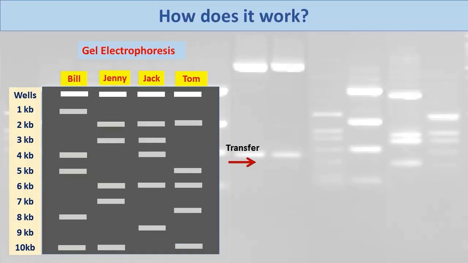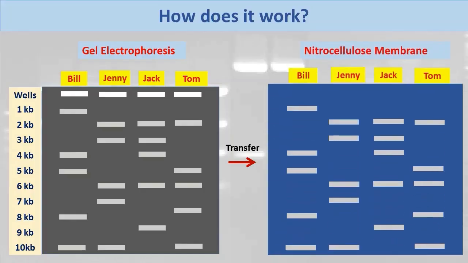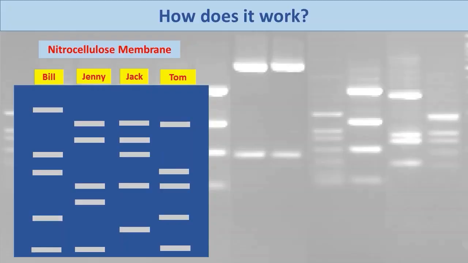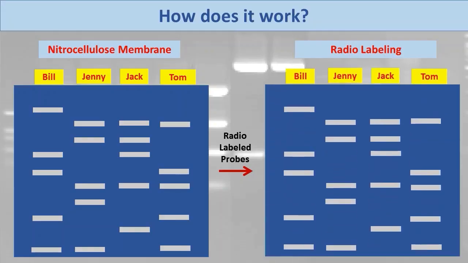After denaturing these DNA, they were transferred into a nitrocellulose membrane. Then this DNA in the nitrocellulose membrane was hybridized with desired radiolabeled probes, resulting in fluorescence in a way that can be identified in an autoradiogram.